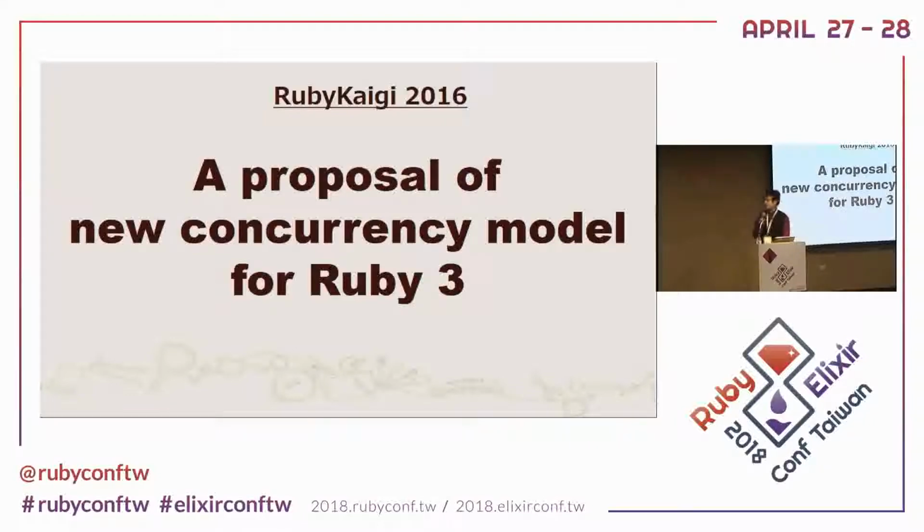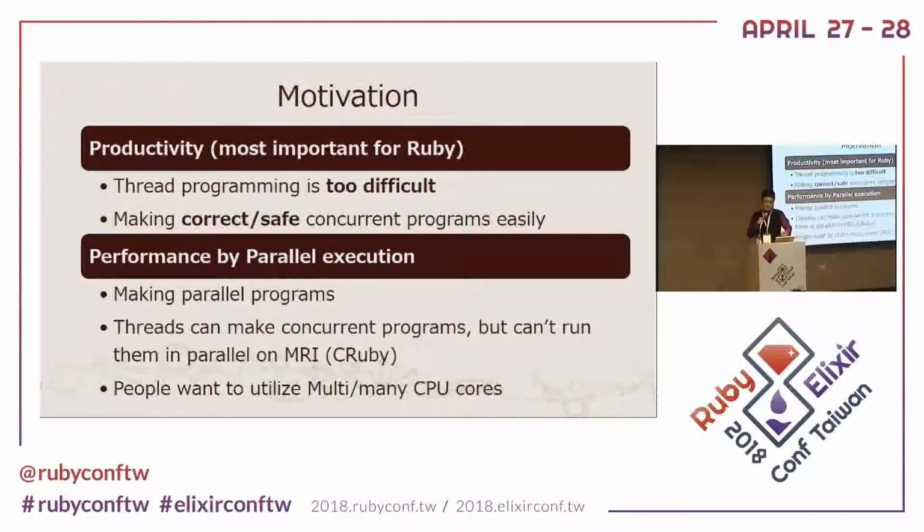So back to my main topic. At RubyKaigi 2016, I proposed a new concurrency model for Ruby 3. The motivation is productivity and performance.